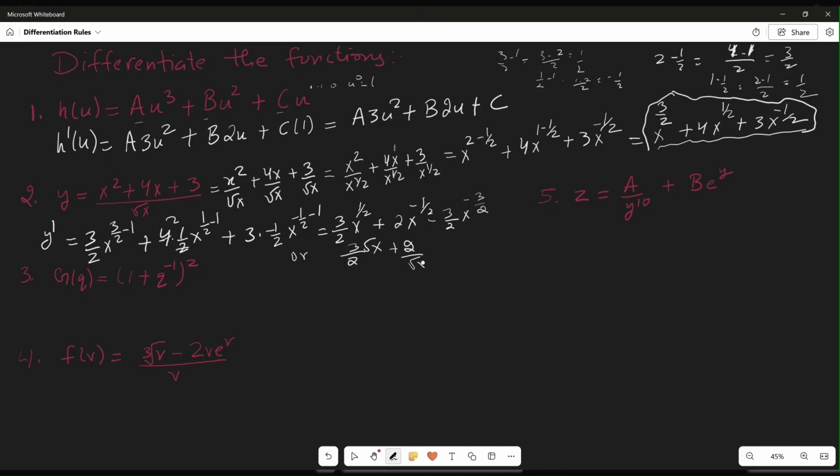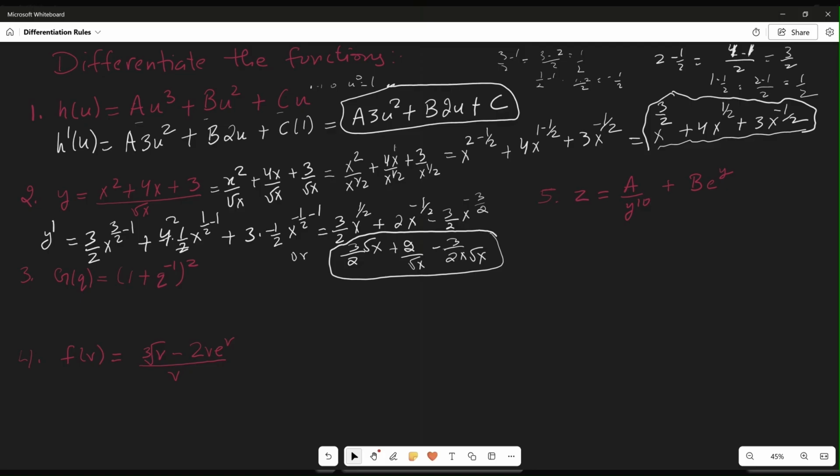So it's just going to be under here, negative. Another way of writing this is, as you've just noticed here, x to the negative 1 and x to the negative 1 over 2. So you can just simply write this as 3 over under root x. This is your answer for this one.